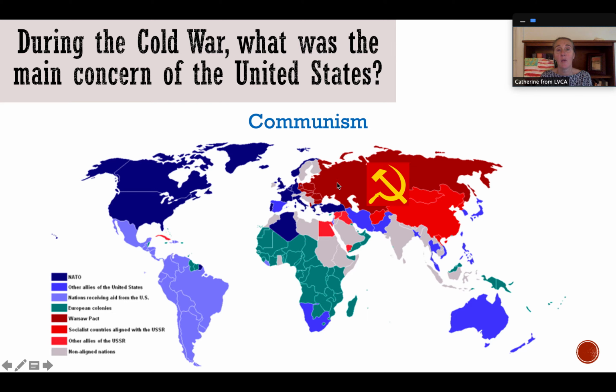So during that window from the end of World War II until around 1990, the Soviet Union had a communist government, and it was taking over a bunch of countries along its western border, and it was trying to influence a lot of other countries to encourage them to also become communist.